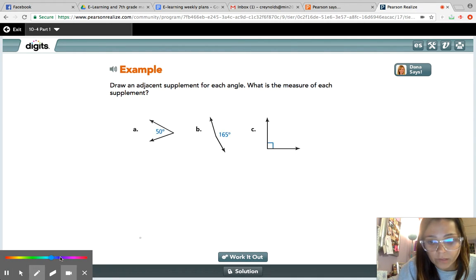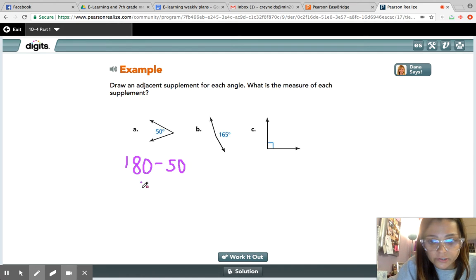So, let me get my color here. If I take 180 degrees, because that's what supplementary angles equal when added together, 180 minus 50, which is the angle that they give us in letter A. When I do that, 180 minus 50 gives me 130 degrees.